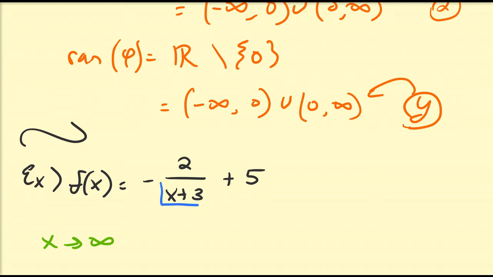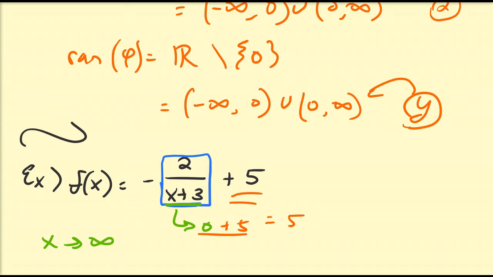If we look at this expression here, which is the only part that actually has x in it, as x gets big, x plus 3 is also going to get really big as well. So as x plus 3 gets big, the quotient 2 over x plus 3 is going to be really, really small. So as x tends to infinity, this expression is going to get close to 0, and the entire expression is going to get close to 0 plus 5, which is equal to 5.